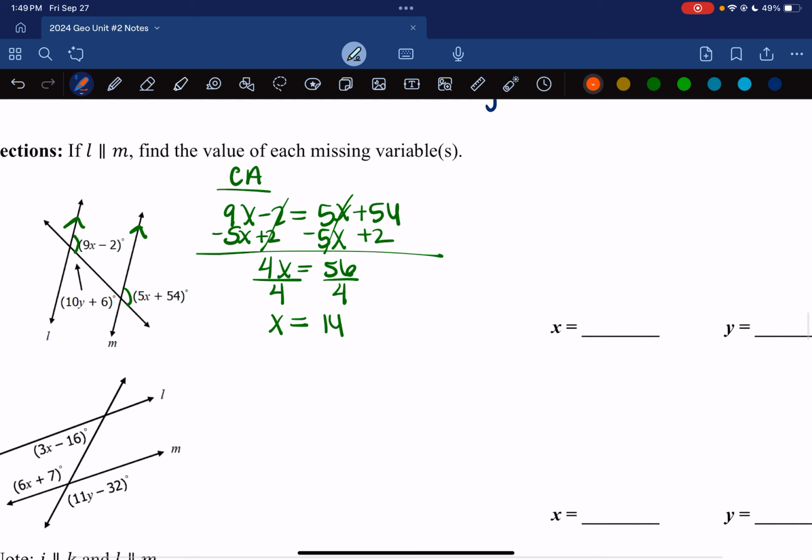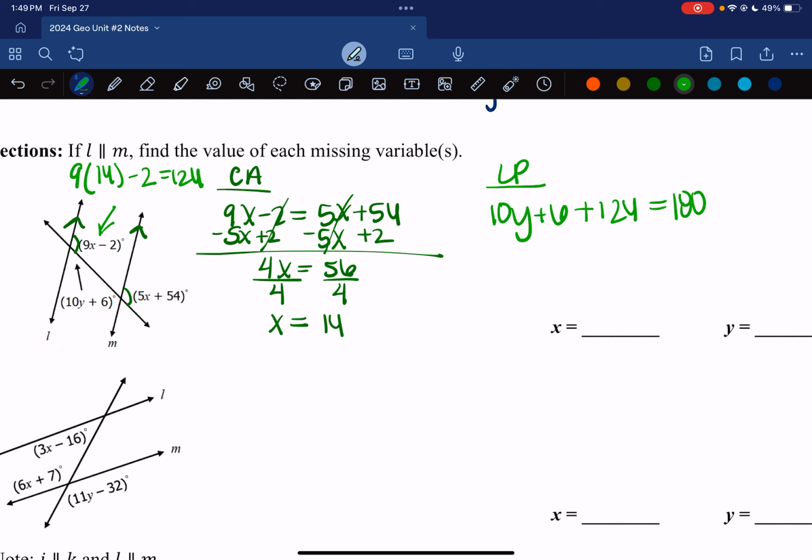Now for solving for y, I'm going to plug back in. I'm just going to plug into this angle. So 9 times 14 minus 2 gives us 124. So we have a linear pair. So 10y plus 6 plus 124 equals 180.